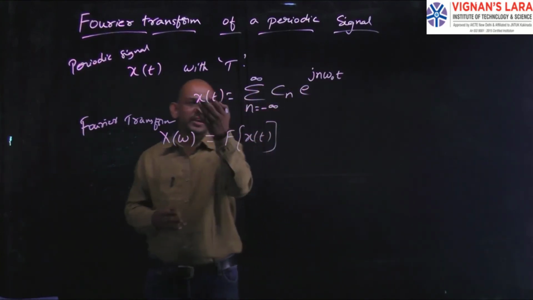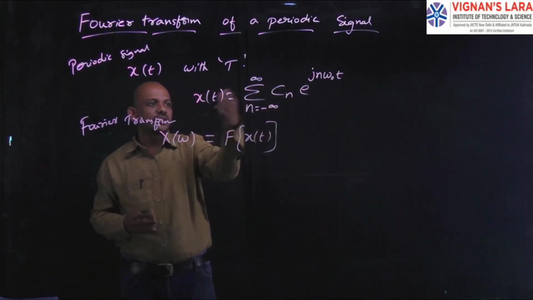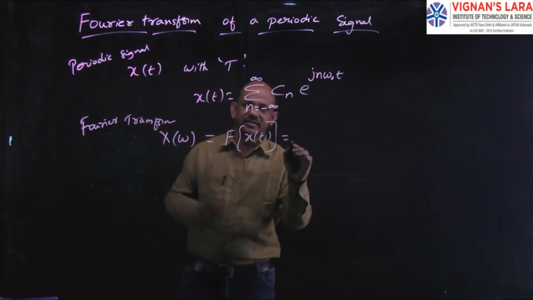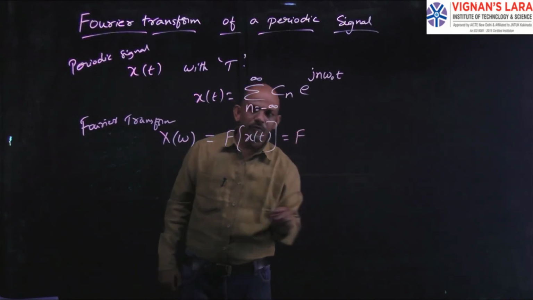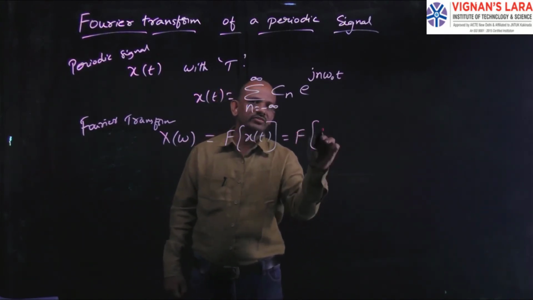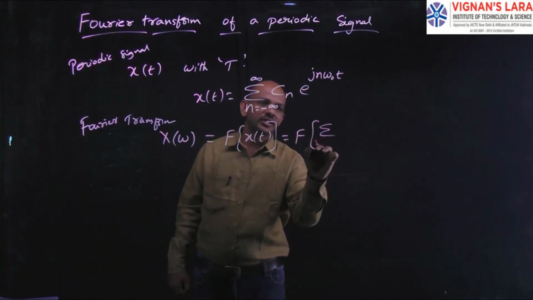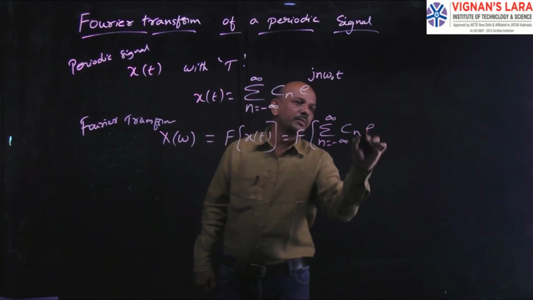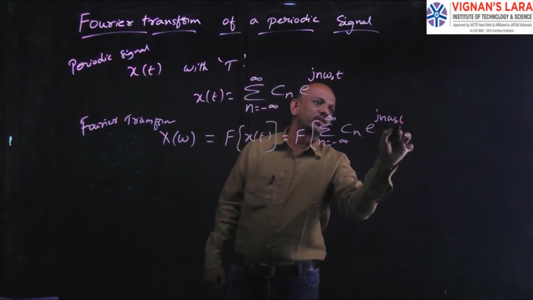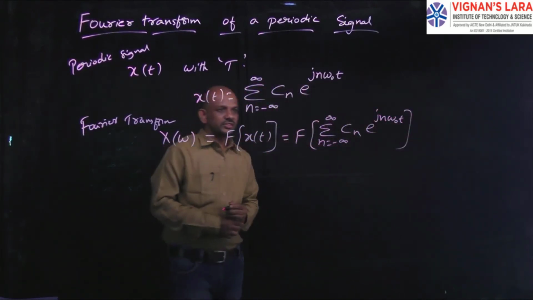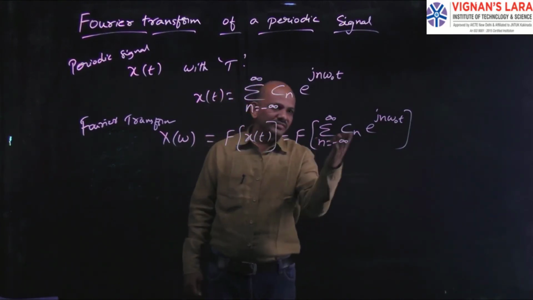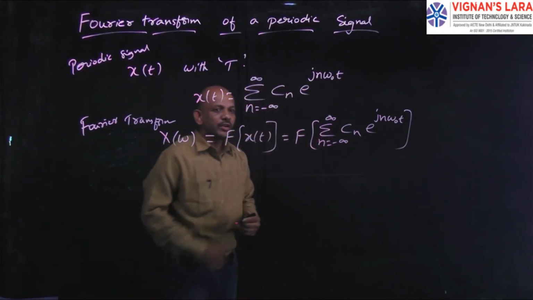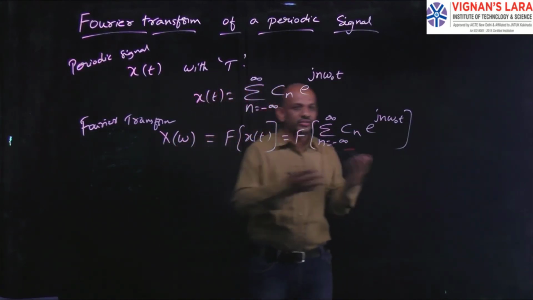Here x of t is the periodic signal, and I represented it in terms of the exponential Fourier series. So I can write X of omega as the Fourier transform of, in place of x of t, summation n equal to minus infinity to infinity Cn e power j n omega naught t. Here Cn is a constant, the Fourier coefficients of x of t.